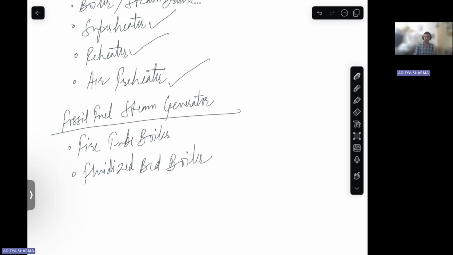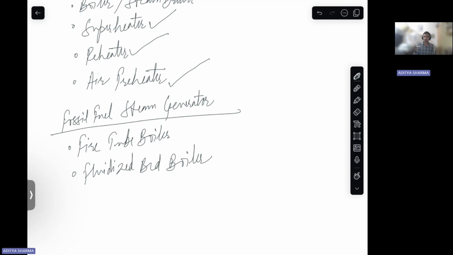So what happens in your fire tube boilers is that your hot flue gases, right, that are combusted, flow through some tubes, right? And these tubes are surrounded by water. So how are these tubes surrounded by water? We have some shell where we have these tubes.